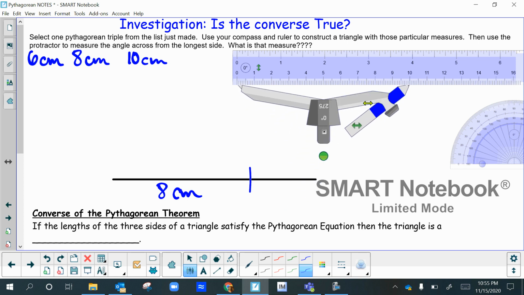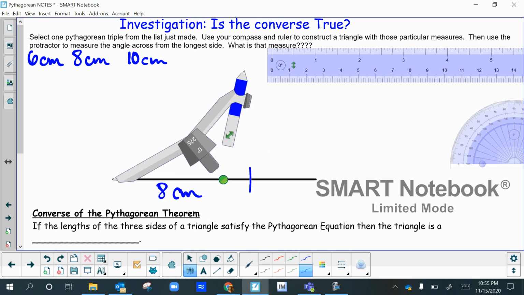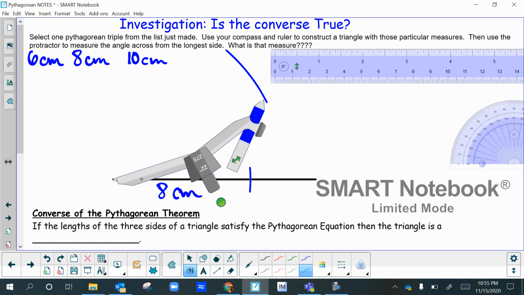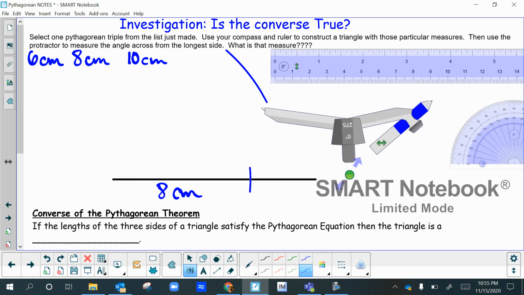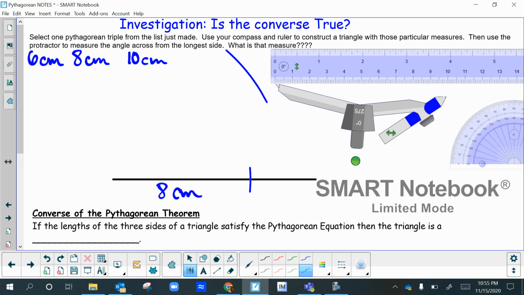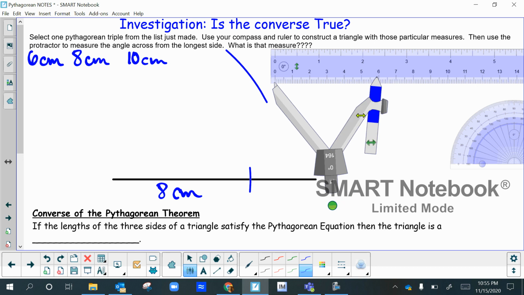Okay, so I'm going to come over here to 10. I'm going to place it on one of the endpoints. It doesn't matter which one. And then I'm going to make an arc up there. And then now I need to get the measure of 6. There it is.